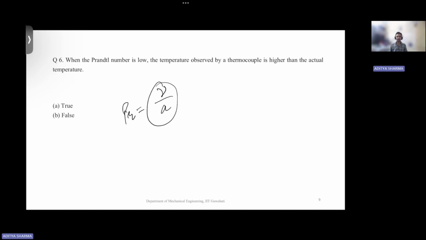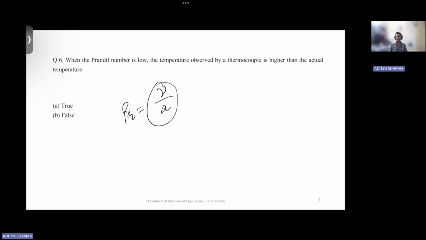It says that when the Prandtl number is low, the temperature observed by thermocouple is higher than the actual temperature. Whether this is a correct statement or not.